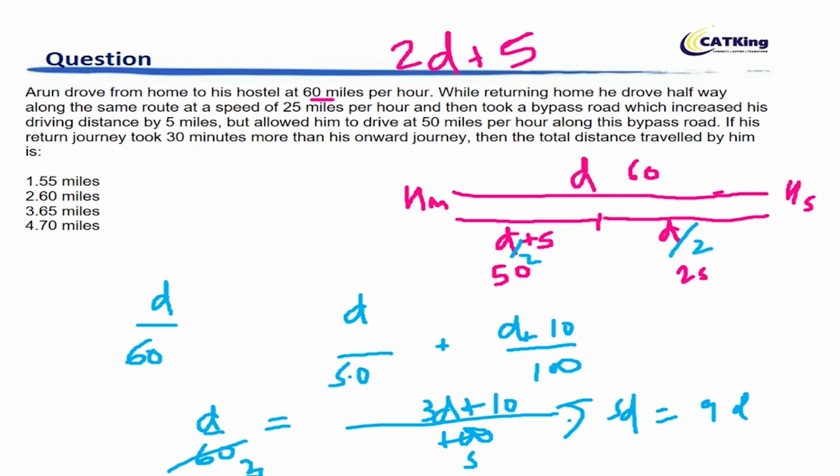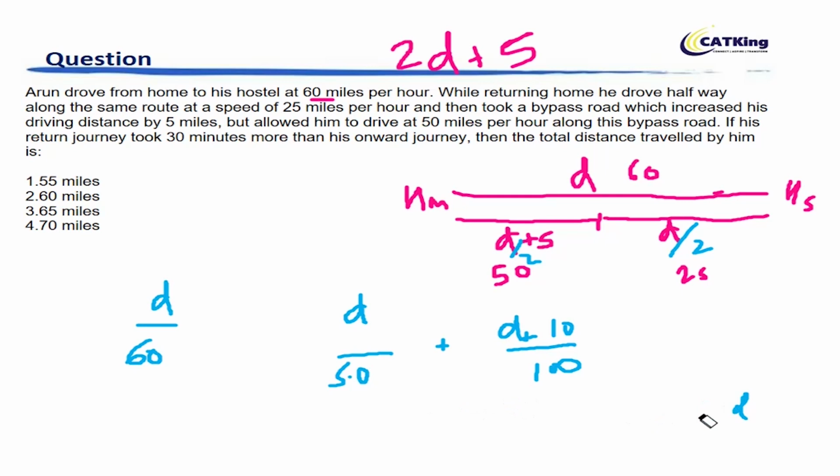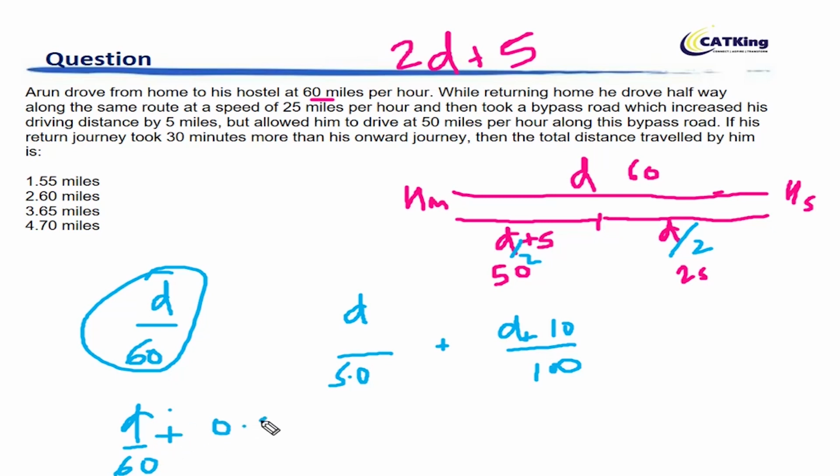No, so there is just one difference, we can't equate it. The question is, the onward journey takes half an hour less, which basically means that the return journey takes half an hour more than the onward journey. So in the onward journey, if I add half, so d by 60 plus 0.5 will be equal to 3d plus 10 upon 100, right?